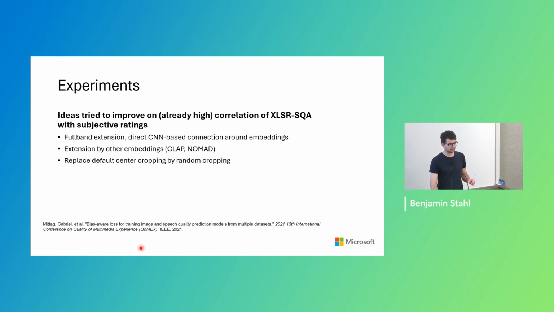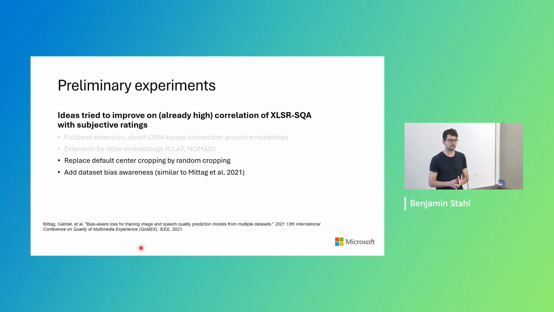Then replace the default center cropping that was used in the original XLSR SQA paper by random cropping in training, and add dataset bias awareness. And only 2 of them actually led to small improvements.